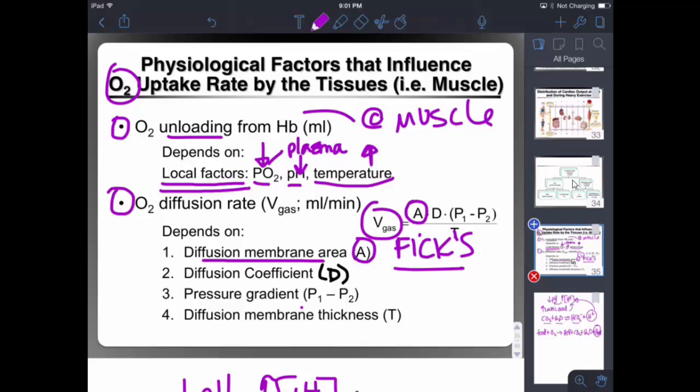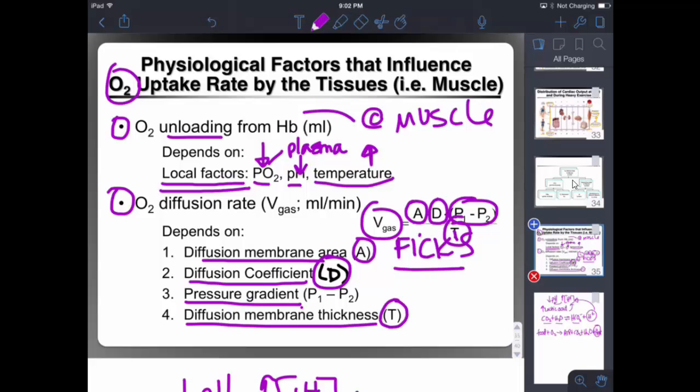It's also affected by the diffusion coefficient, which is a constant, and each gas has its own diffusion coefficient, so oxygen has a diffusion coefficient. It's also affected by the pressure gradient, and in this case it's going to be the oxygen gradient between the capillary blood and the muscle.